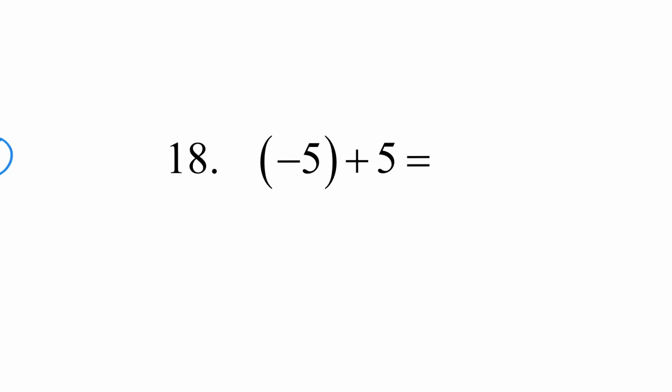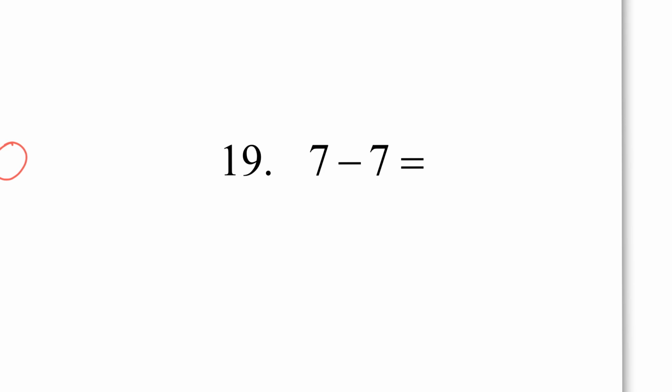Notice the one inside the parentheses is a negative. The one outside, plus 5, is positive. Negative 5 plus 5, they have different signs. Subtract the numbers, 5 minus 5, 0. Not negative, not positive, because it's neutral. So every time you add those two additive inverses, you have the answer equal to 0.